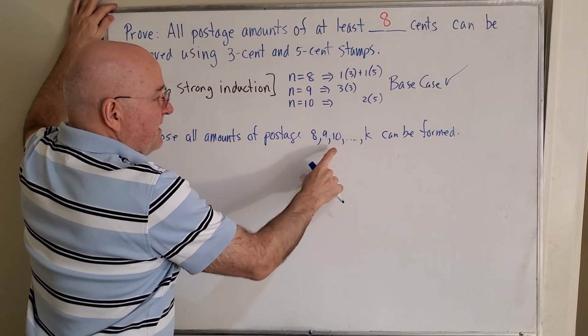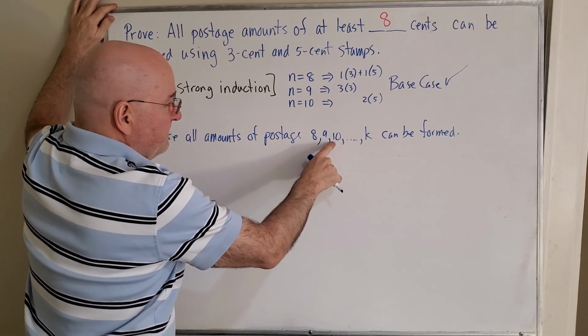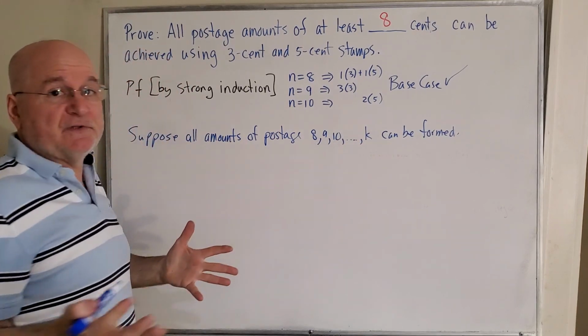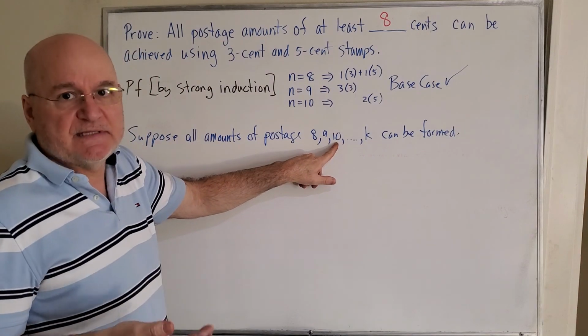Now it's possible that K is the number 10, right? 8, 9, 10, that would mean those just shrink into 10, and that's perfectly fine. But we know for sure that K is at least 10.